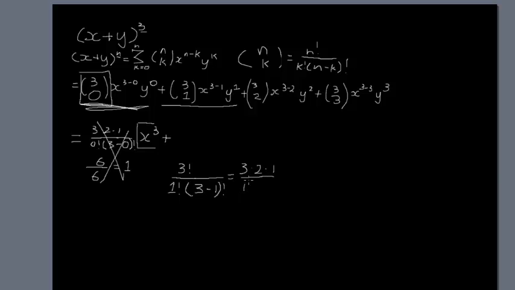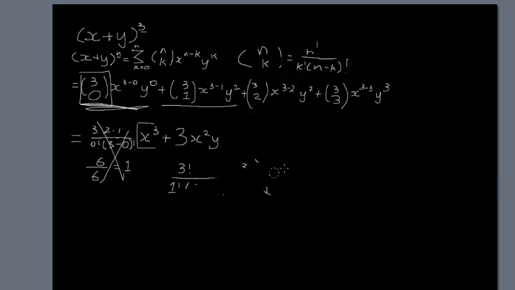So let's just make that bracket. So 3 minus 1 factorial, which is 2 factorial, 2 times 1. Just cross these out, and then we have 3. So our next term is going to start with 3. That's the answer of 3 choose 1. And then we can just go on with this. x squared, y to the power of 1. So yeah.